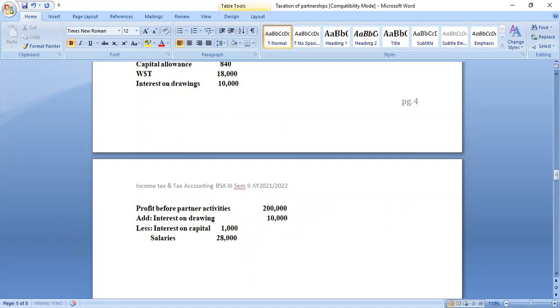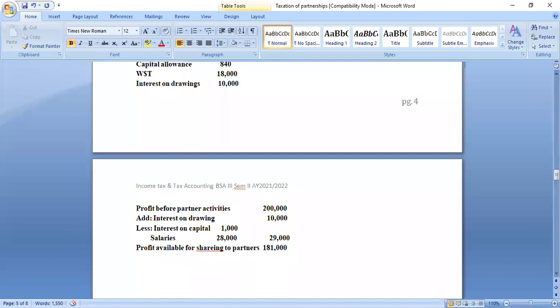Take the total, which is 29. Therefore, I have profit available for sharing between the partners. This will be 181.